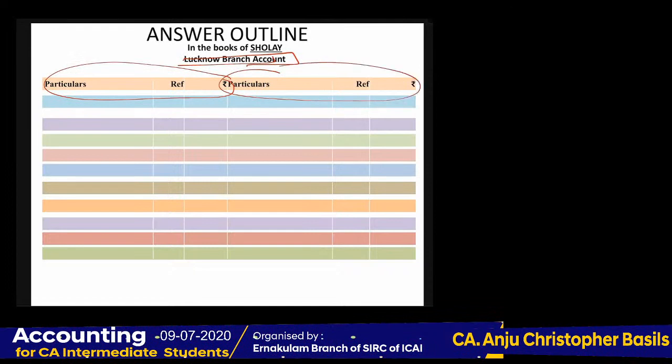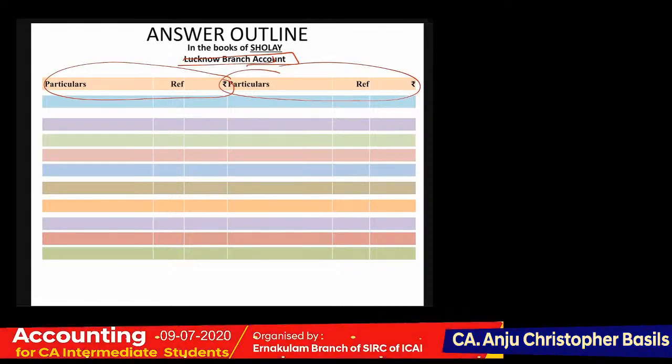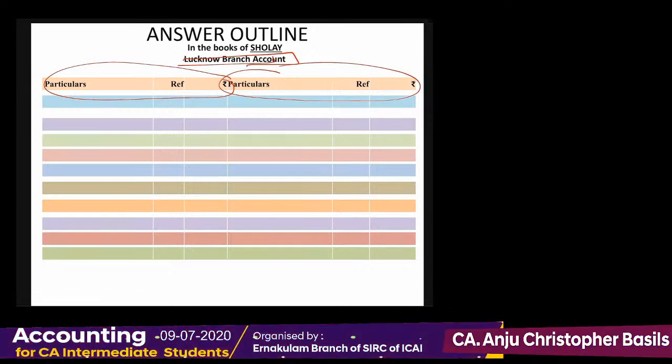Okay. Everybody, once you're done, please drop in your messages as well. Just the branch account, nothing more. Just the format of it. We will see how we can sort this out. Everybody, take it down, and once you're done, drop in your messages.